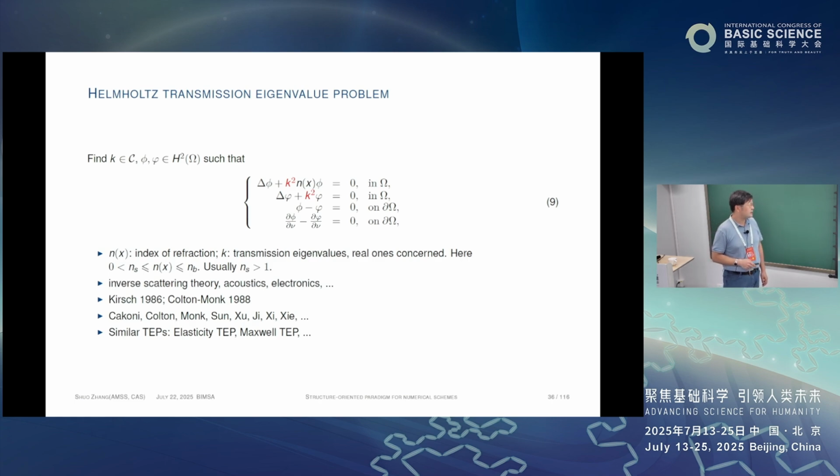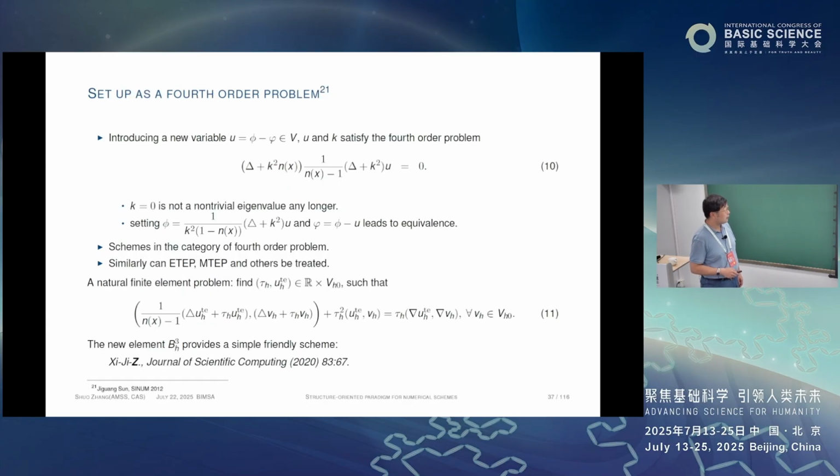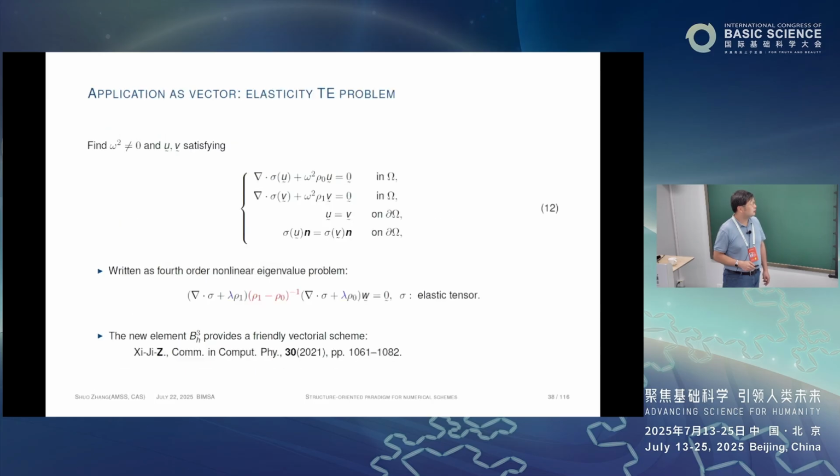It was presented by Kirsch and Colton, and studied by Sun and others. So it can be formulated as this fourth order problem, and can be solved with this. This is joint work with my friends Ji Xia and Xing Xia. And I can also use this space to solve the elasticity Maxwell eigenvalue problem. So that's it.